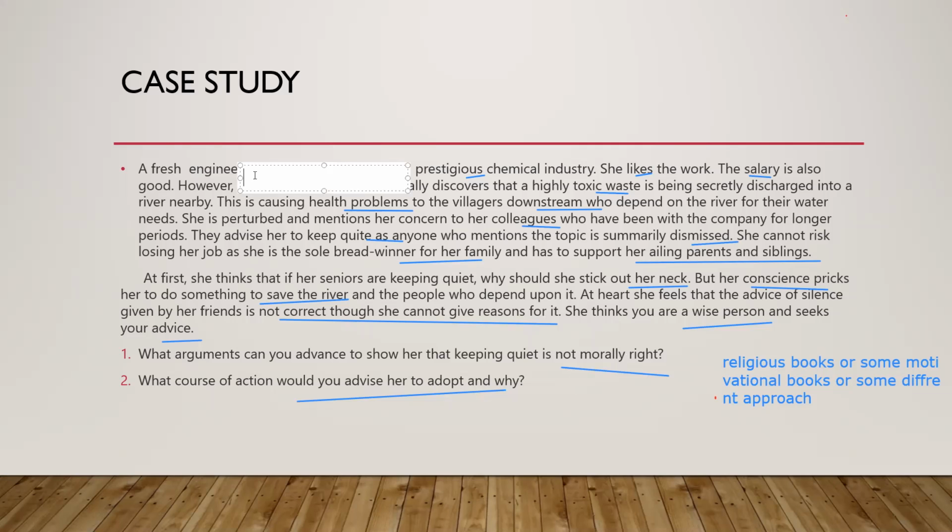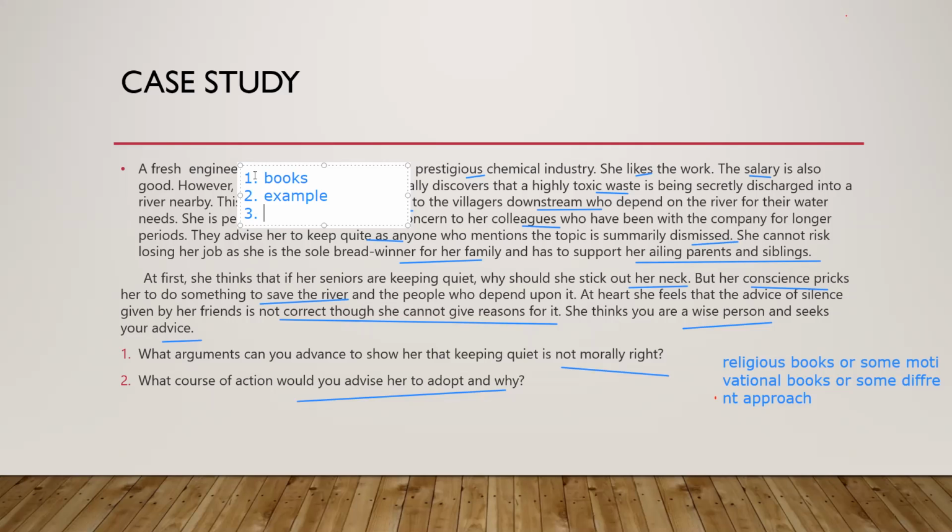So arguments you have to give. How many arguments are you going to give? One is the book, second is examples. Whenever you try to talk to someone and you have to motivate the other person, examples must be there. Look, that issue was there, and due to that particular person, people were not displaced.